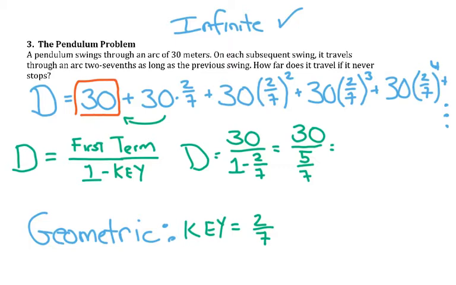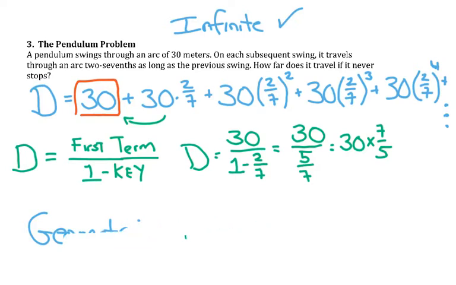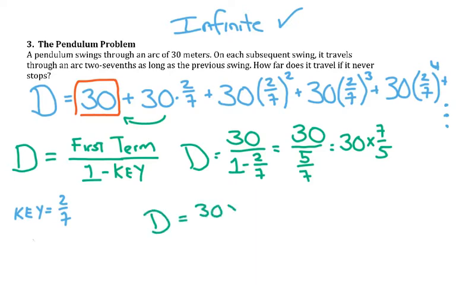And now we just need to do our keep, change, flip, and figure out what that is. What is 30 times 7/5? Now, you can do it many different ways. What I would do, I see I have 30 times 7 over 5. We can do this.